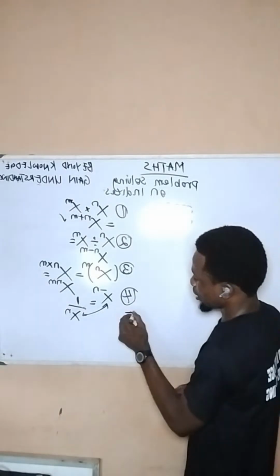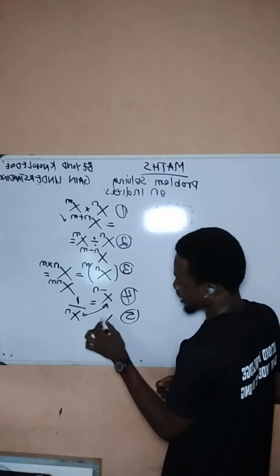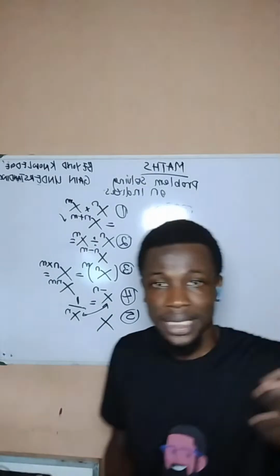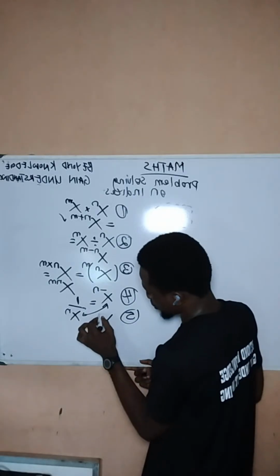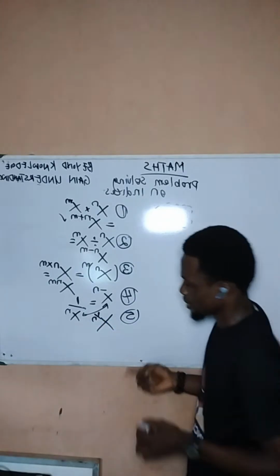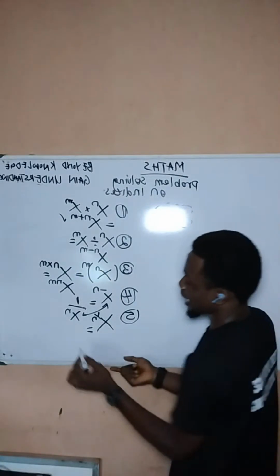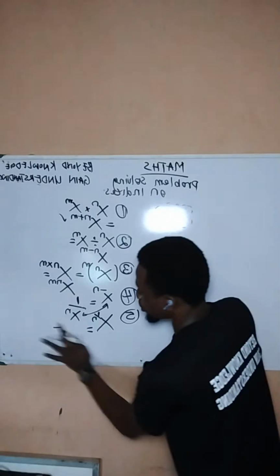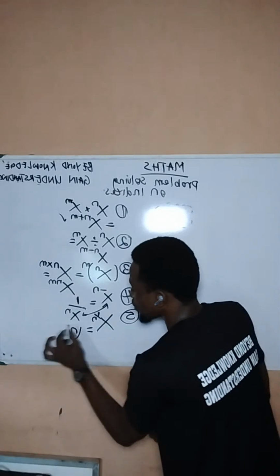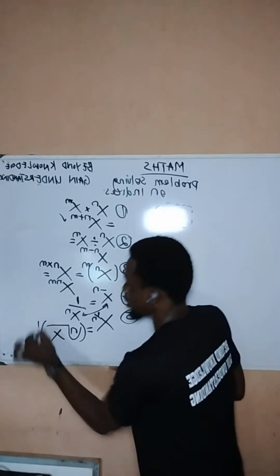The next one that we also talked about is the concept where you have an expression that uses the same base, which is x, raised to the power of a fraction, let's say 1 over n. It is the same thing as representing this as the nth root of x, then raised to the power of 1.